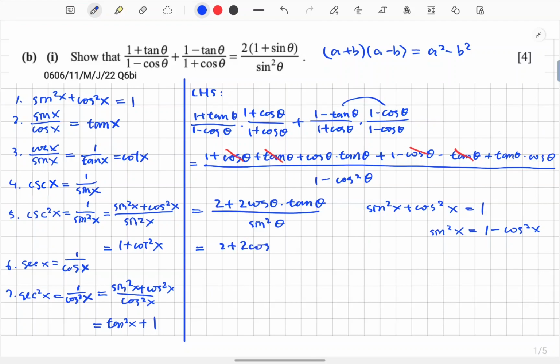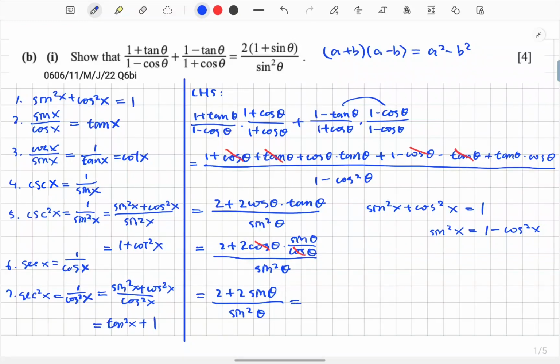Now our tangent theta can be written as sine theta over cosine theta, according to our second identity. Now our 2 cosine can cancel. We're left with 2 plus 2 sine theta over sine squared theta.